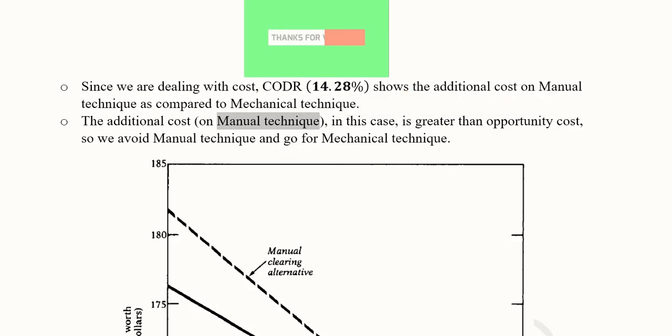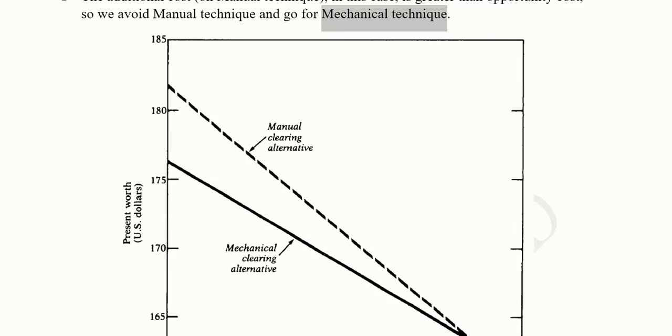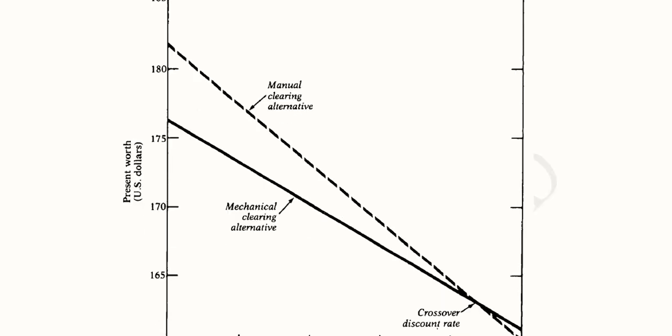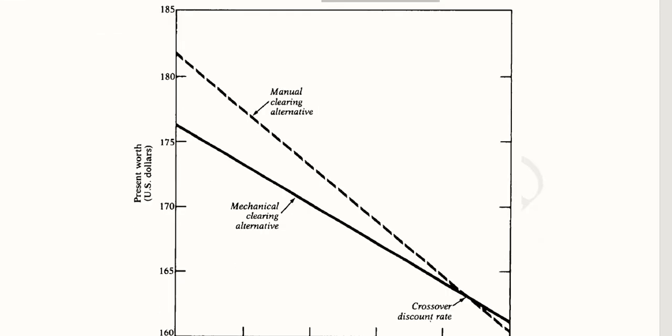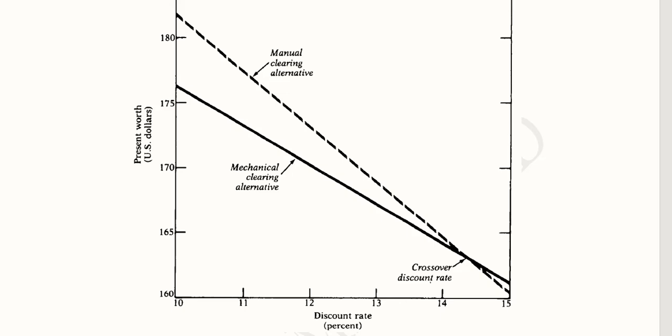So manual technique seems to be more expensive. We have to shift to the other, and that is the mechanical technique. So with this theoretical diagram, we can see that the same thing is happening. This was the data that we used, and these were the results on the basis of this depiction. This is where the crossover discount rate is happening somewhere between 14 and 15%.